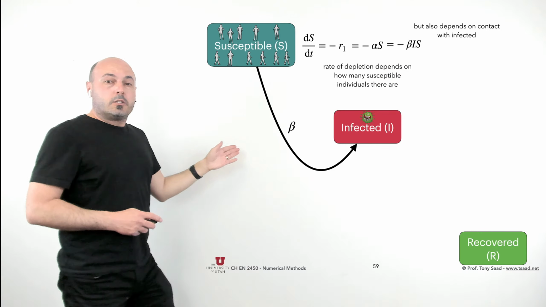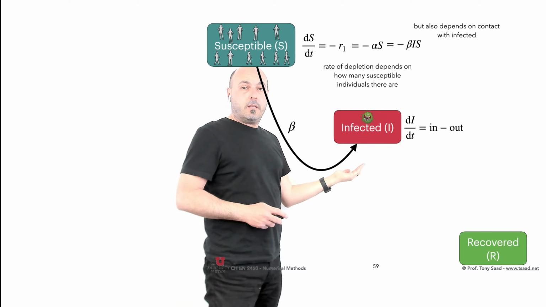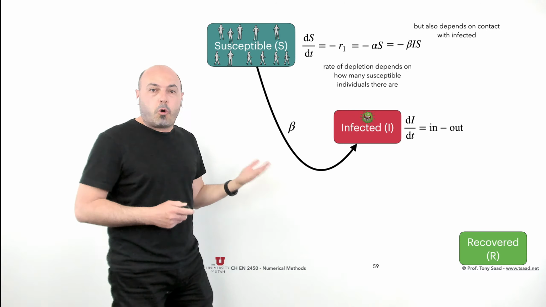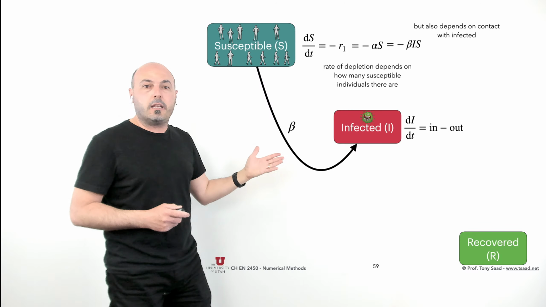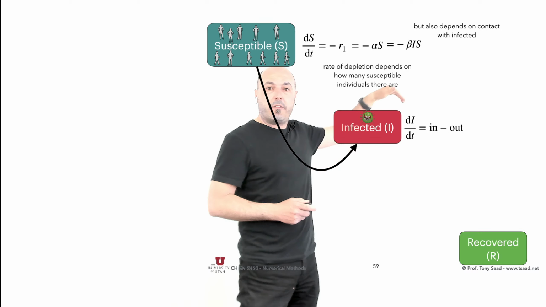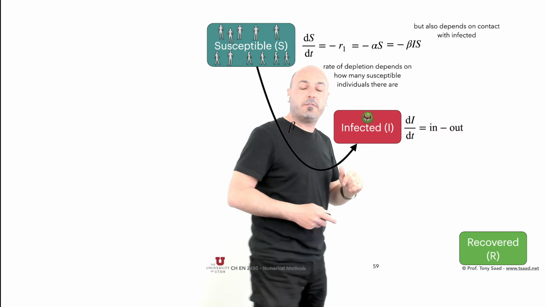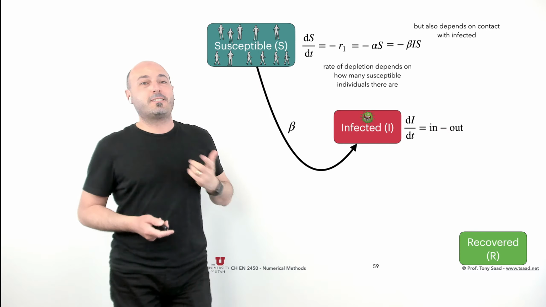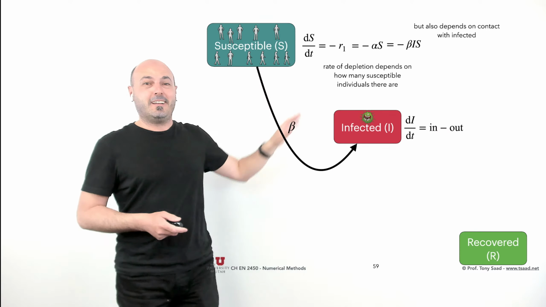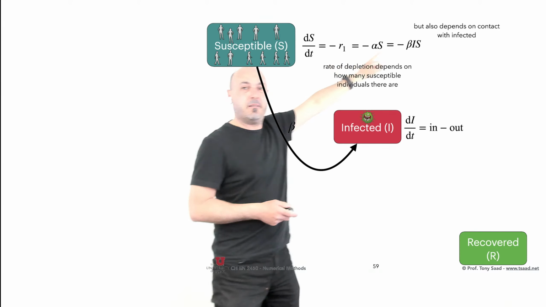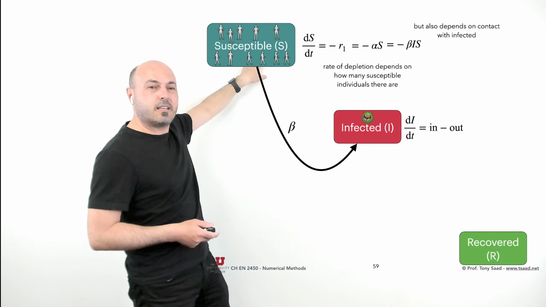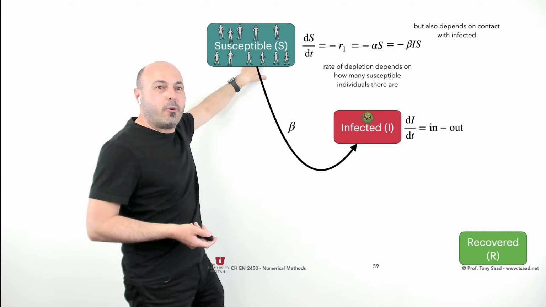Okay, so now we go to infected. And in general, like we said, for any compartment ODE, it's going to be whatever is coming in minus whatever is leaving. Now we know what's coming in, right? It's these susceptibles, beta IS, that are leaving the susceptible, but where are they going?